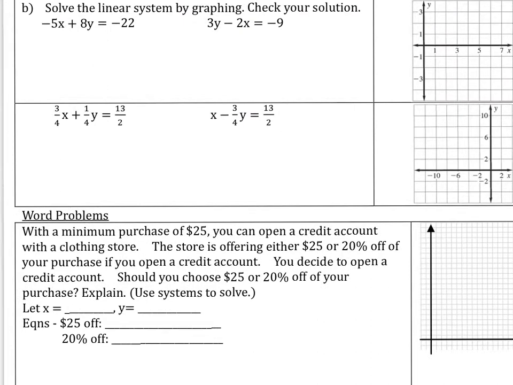Part B. Solve the linear system by graphing and then check your solution. I'm going to use x and y intercepts to graph. So when x is 0, y here will be negative 22 over 8, and I will need to simplify this.